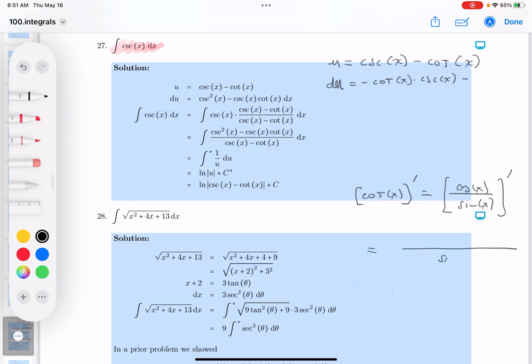Square the bottom. That's going to give you sine x times the cosine. That's going to be minus then, right? And then minus the cosine of x. Derivative of the bottom is cosine. Well, I get Pythagorean identity. It's going to be minus 1 on top, sine squared on bottom. So I think I know that guy.